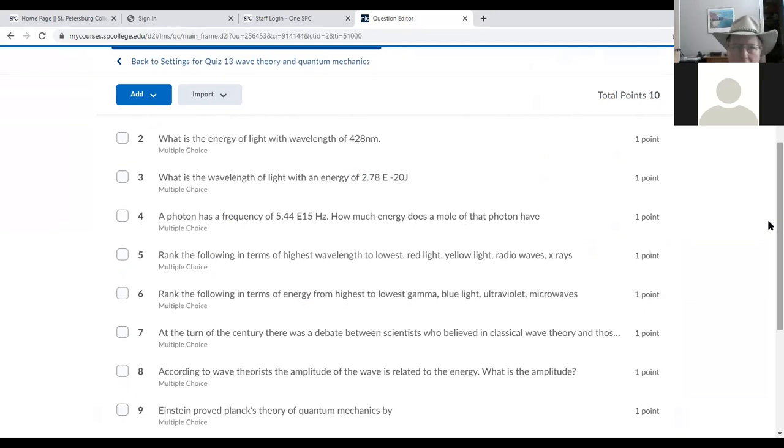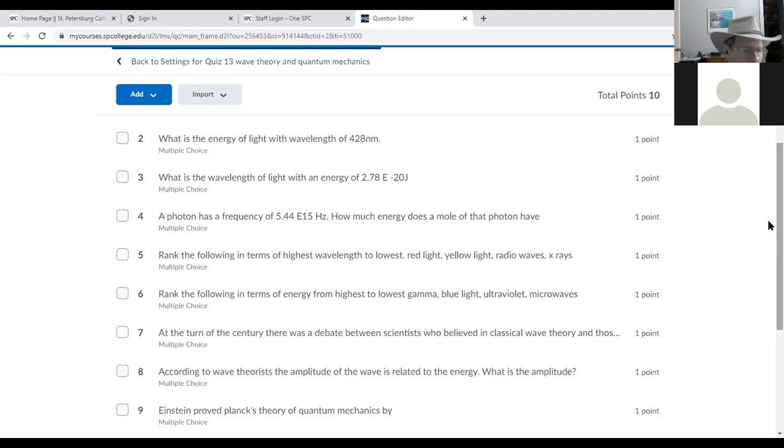Okay, number 4. Basically, you have the frequency, right? Yeah. Okay, so if you have the frequency, you have the formula E is equal to h nu. Nu is the frequency. H is a constant, 6.63 times 10 to the minus 34th. So basically, all you do is multiply 6.63 times 10 to the minus 34 times the frequency, 5.44 times 10 to the 15th.